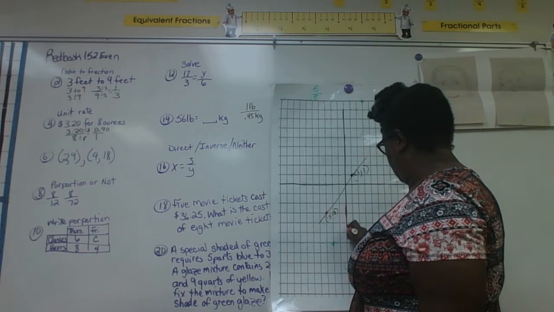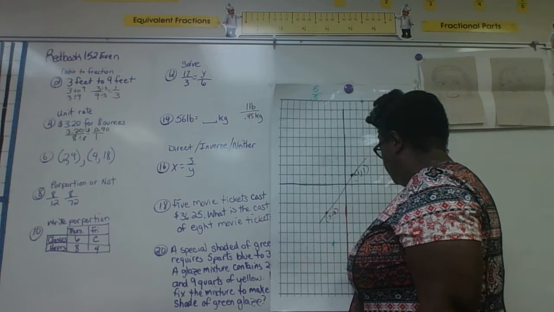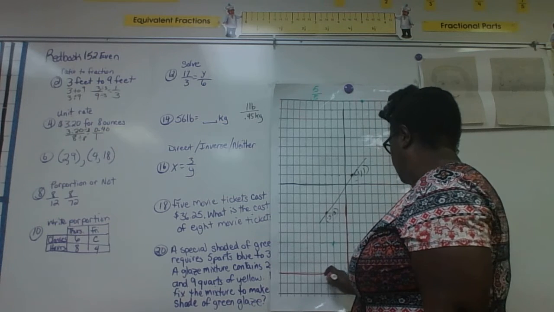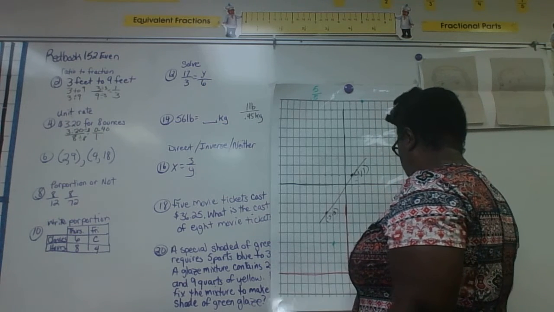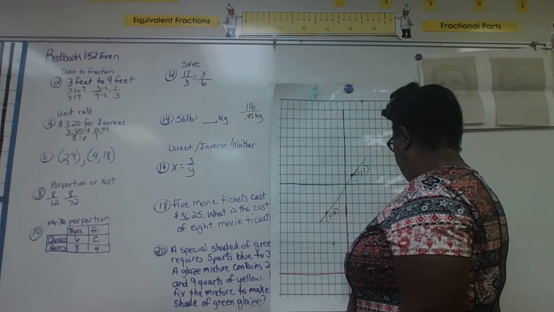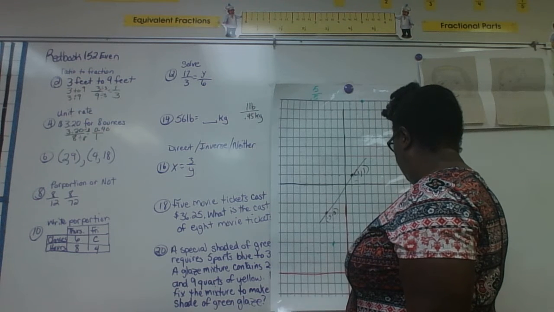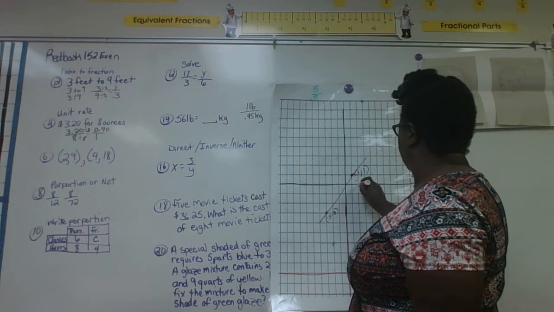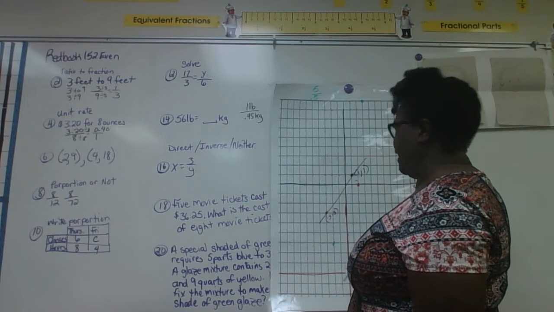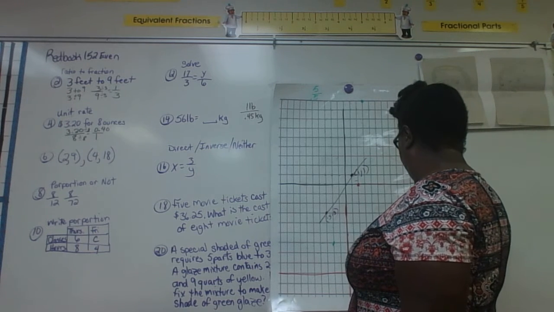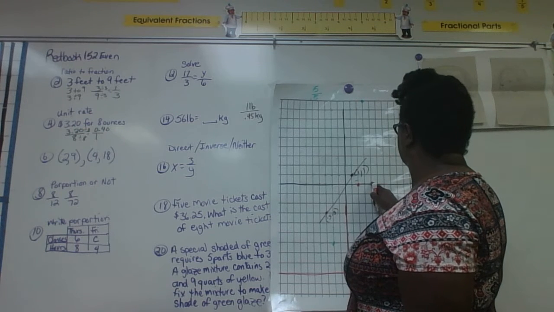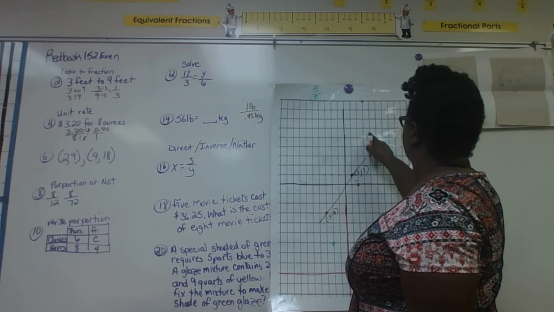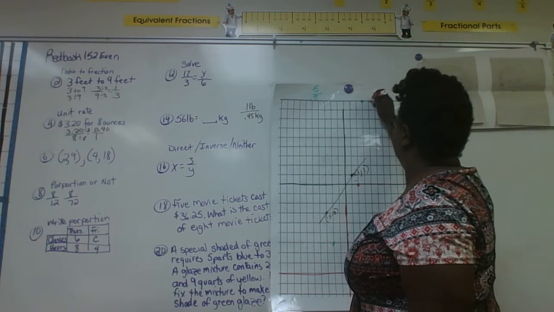Let's do this. 2 ninths. 1, 2. 1, 2, 3, 4, 5, 6, 7, 8, and 9. And then 4/18. This is 2, 3, 4. We know this is 9, 10, 11, 12, 13, 14, 15, 16, 17, 18.